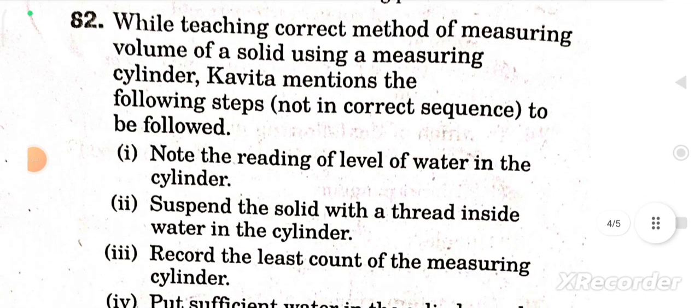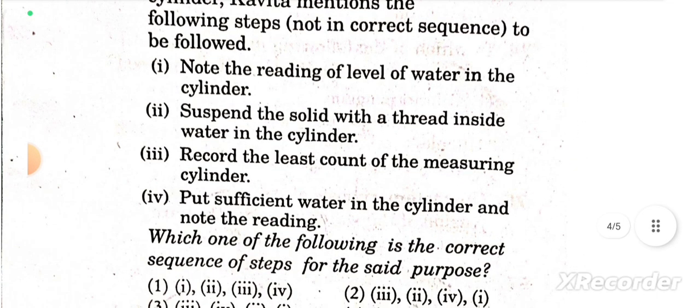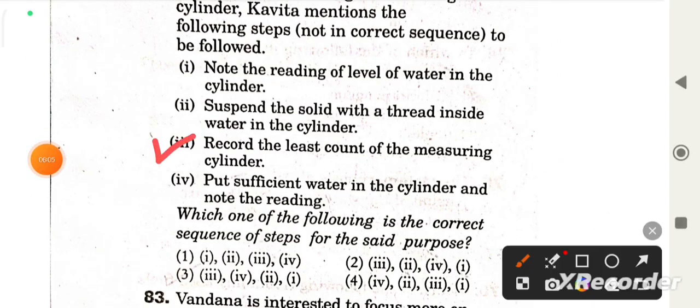Next question, while teaching correct method of measuring volume of a solid using a measuring cylinder, Kavita mentions the following step not in correct sequence to be followed. So here the sequence is given, you have to arrange it in correct order. So first, the third one will come, that is record the least count of the measuring cylinder.